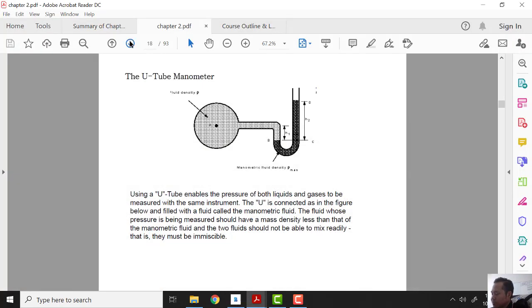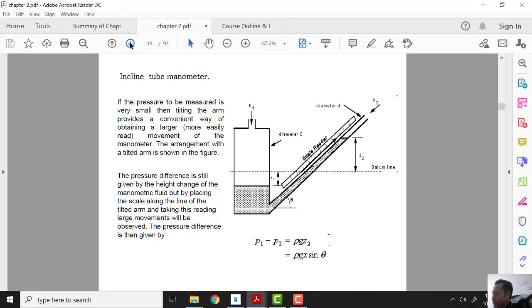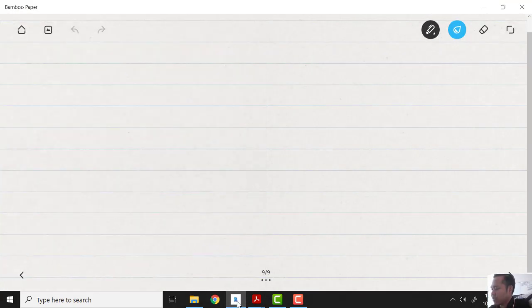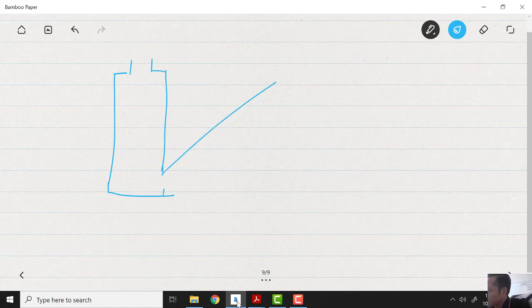Alright, that's the U-tube manometer, and then we have another one, which is the inclined tube manometer. It's the same concept, but this time, since it's inclined, we have a tube connected to an inclined tube manometer.